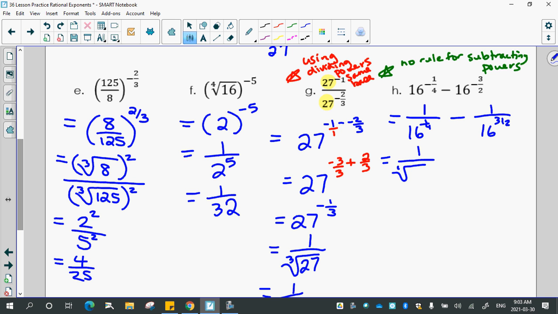So that's the 4th root of 16. Square root of 16, so I don't need to write that 2 in the little crook, but I can if I want to. Cubed.